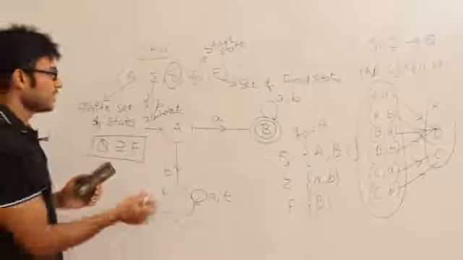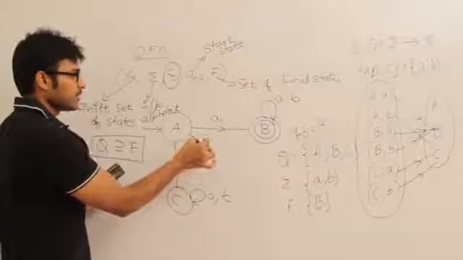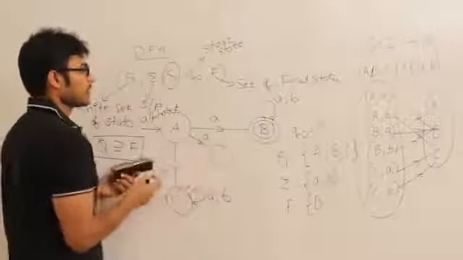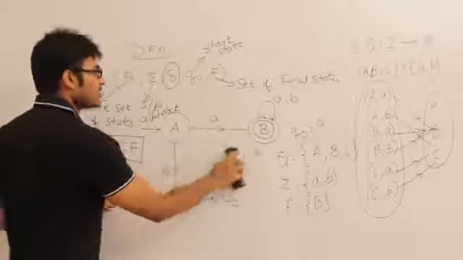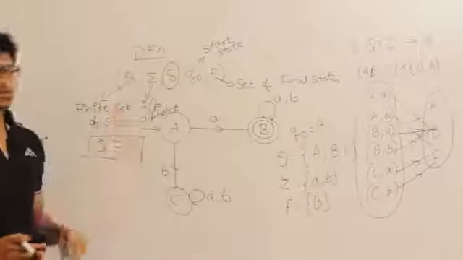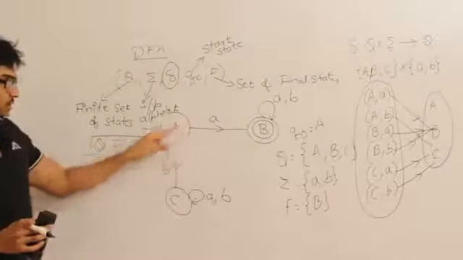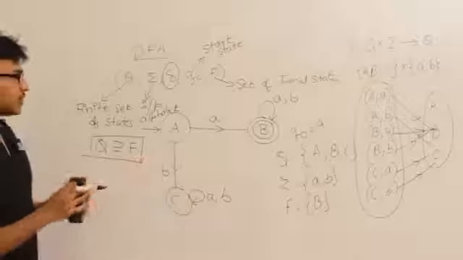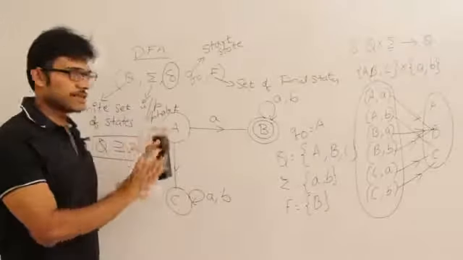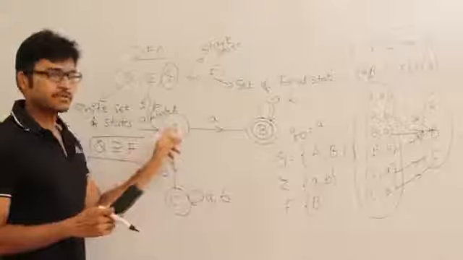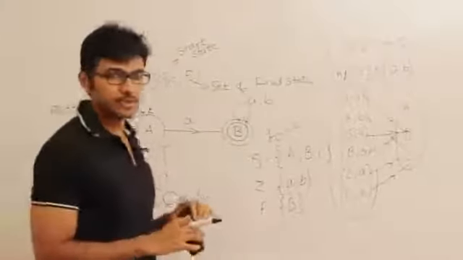If you consider NFA, on seeing an input a, it might go to some other state too, but in DFA, on seeing small a, it always goes to one state. On seeing small b, it always goes to one state. So we don't have multiple edges with the same labels from the same state. That is why it is called a deterministic machine.